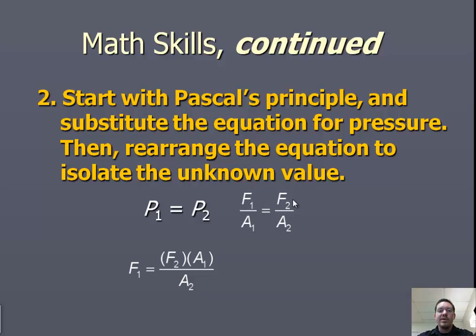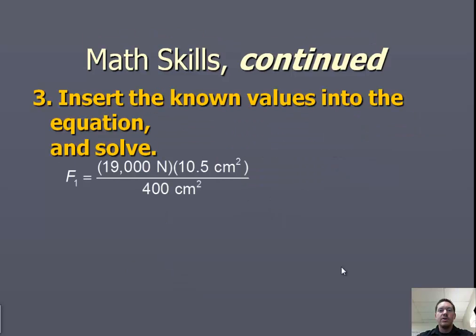So we multiply both sides by area 1. So that's where we get this third equation that's shown on this slide: force 1 equals force 2 times area 1 divided by area 2. So the second half of our equation is still there, but we multiplied area 1 onto the right side, cancel on the left, so we're left with force 1 on the left, which is the variable we want to solve for.